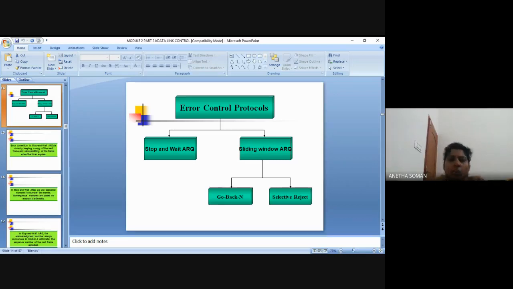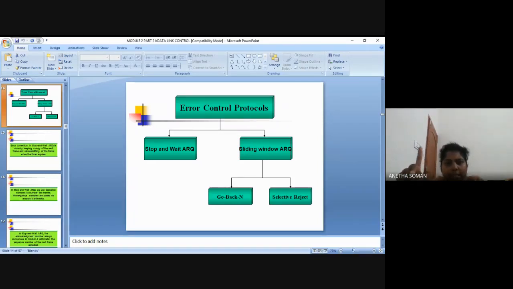In stop and wait ARQ, the first thing is you make use of sequence numbers to number the frames. I told you retransmission takes place. If you want to retransmit a particular frame, you should be able to identify which frame has an error.